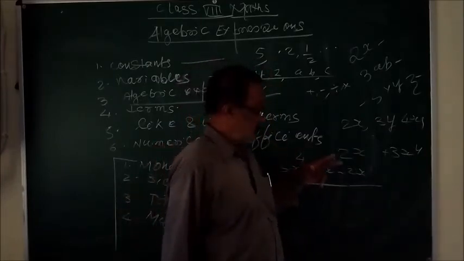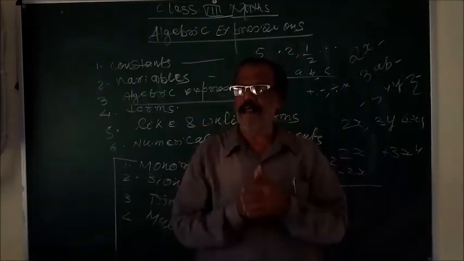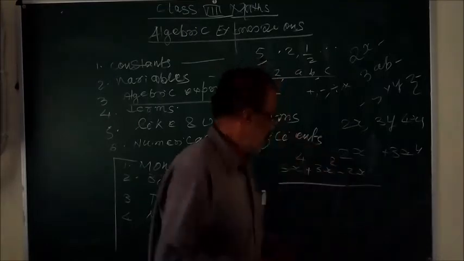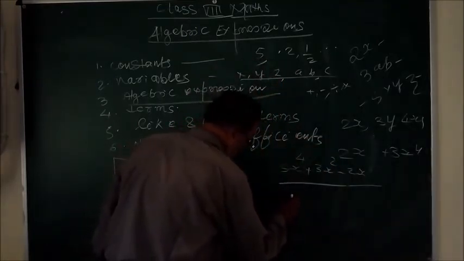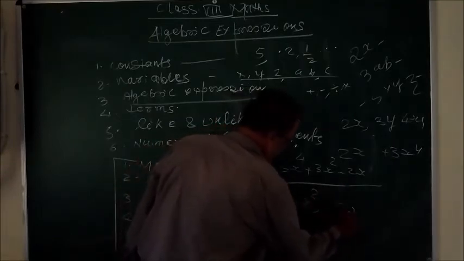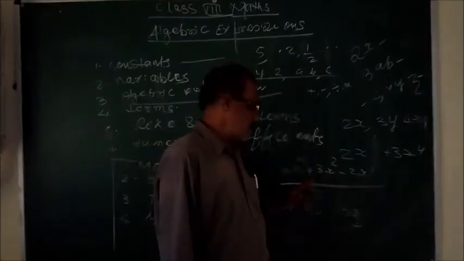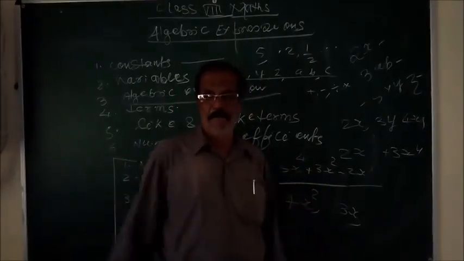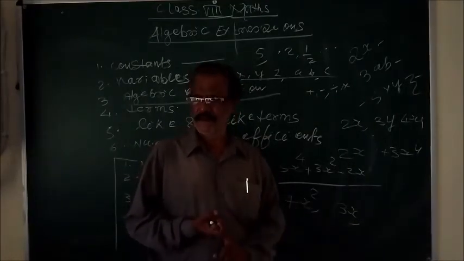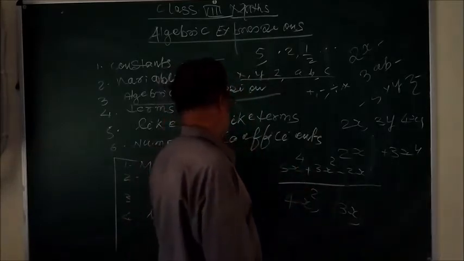Like terms are those terms which have the same variable and the same power of the variable. Now you see, suppose 4x squared and 3x, these are not like terms because they have the same variable but the powers are different, exponents are different, degree is different, and therefore they are not like terms.